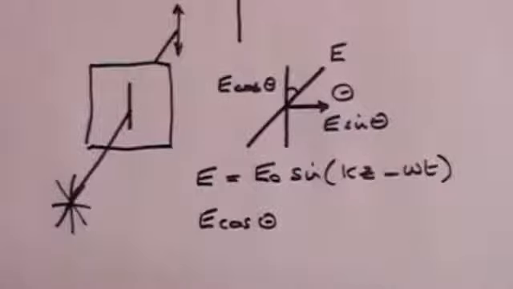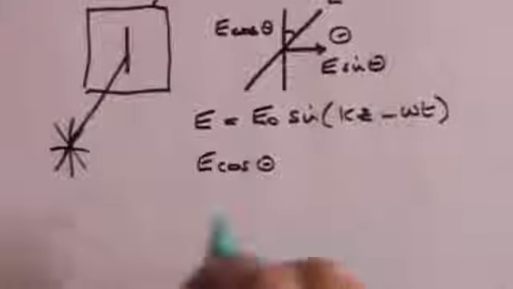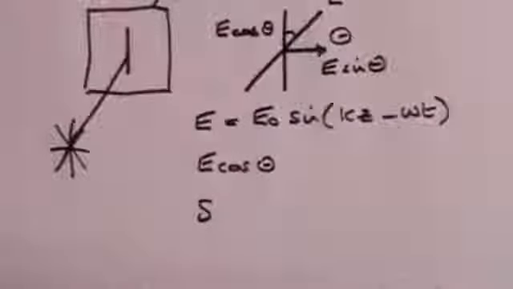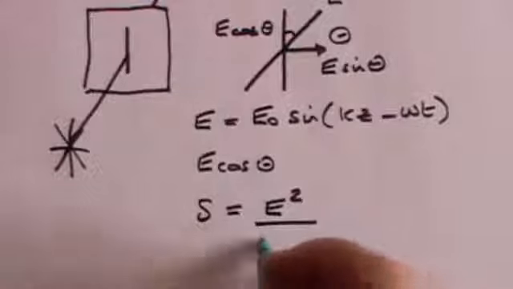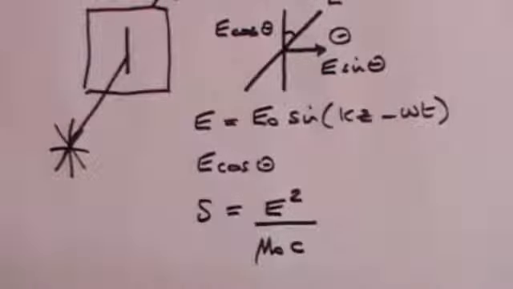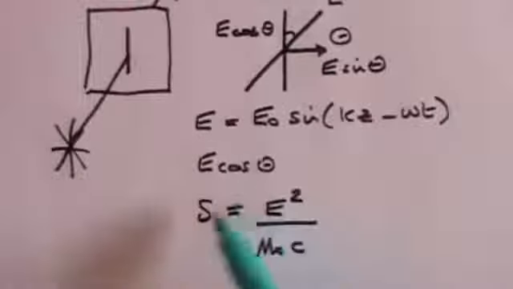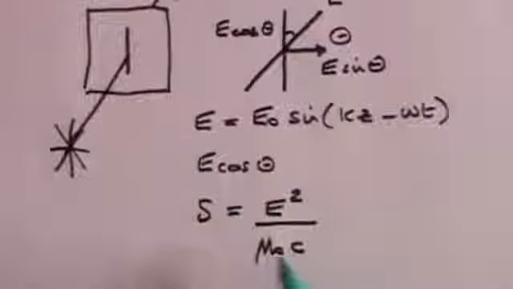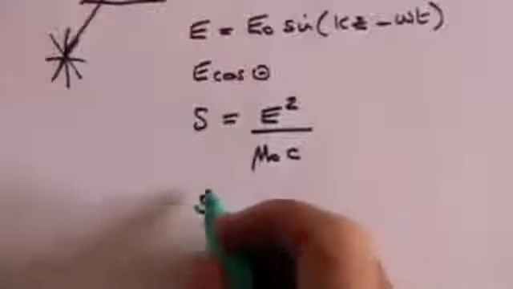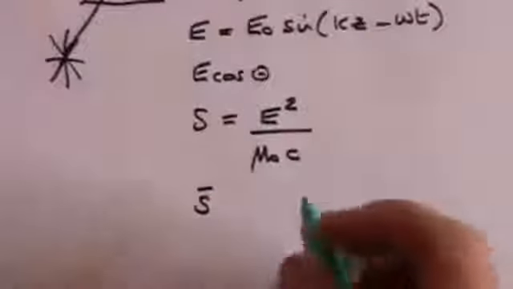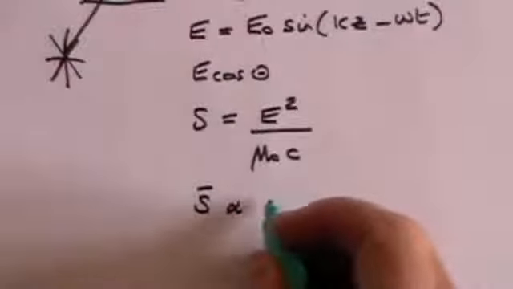So what we're now going to say is that the component that gets through is E times the cosine of theta. Now in the video on pointing vectors, we said that the pointing vector, which we called S, and which is as it were an indicator of intensity, was equal to E squared divided by mu naught c. And if S is proportional to E squared, which it obviously is because these two are constants, we also showed that the average value of the pointing vector was proportional to E naught squared.